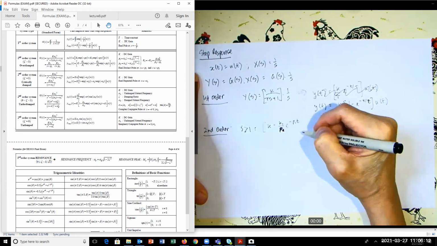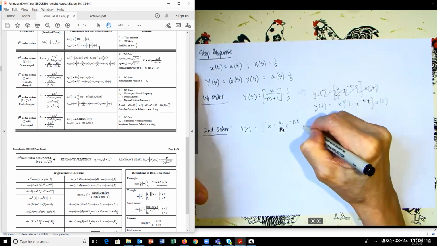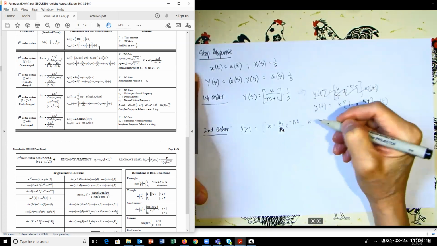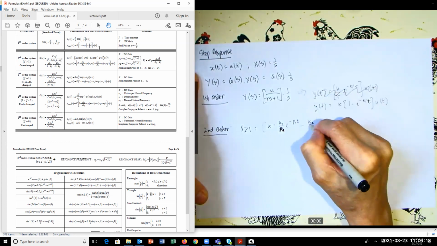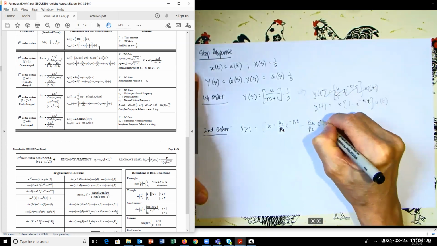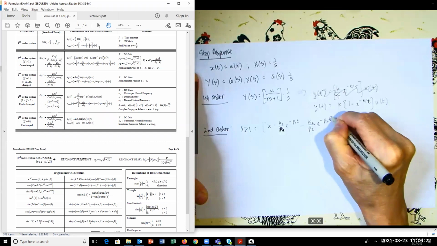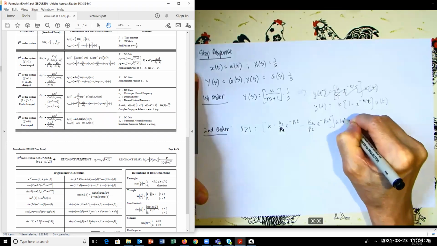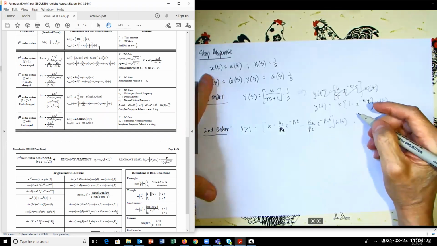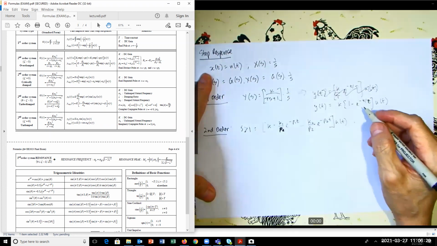Okay, minus K2 over P2, e to the minus P2 t, and the whole thing u(t), where P1 and P2 is what we see in the sheet here.